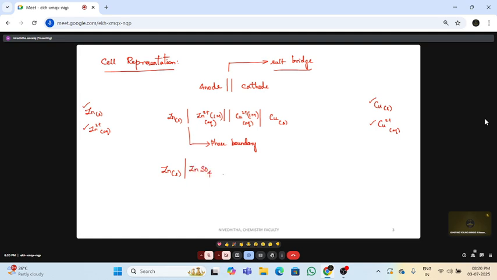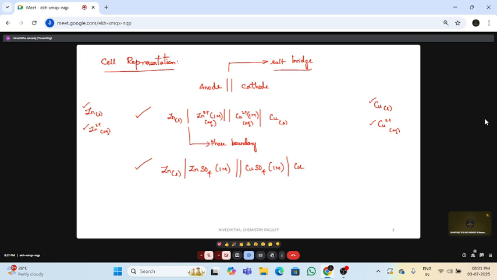There we used zinc sulfate salt, whose concentration is 1 molarity, double vertical line. The salt we use is copper sulfate, whose concentration is 1 molarity again, single vertical line, copper. So we can represent the salts like this, also like this. Okay. Any doubt? Fine. So this is the cell representation.